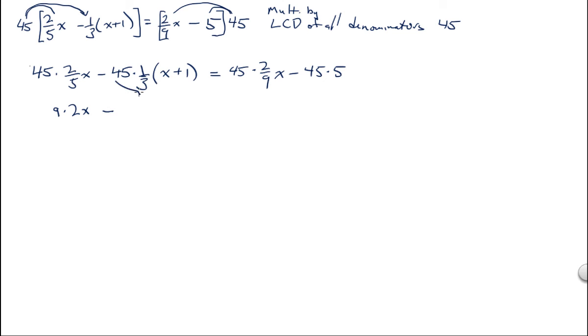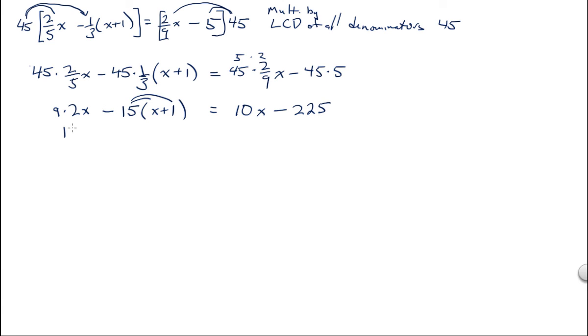And again, 45 divided by 3 is going to be 15. 15 times 1 is 15, so I'll just write that. On this side, we have 45 divided by 9, which is 5. 5 times 2, just to see how you can take some shortcuts. 5 times 2 is 10, and don't forget the x there. And then 45 times 5, which I believe is 225.